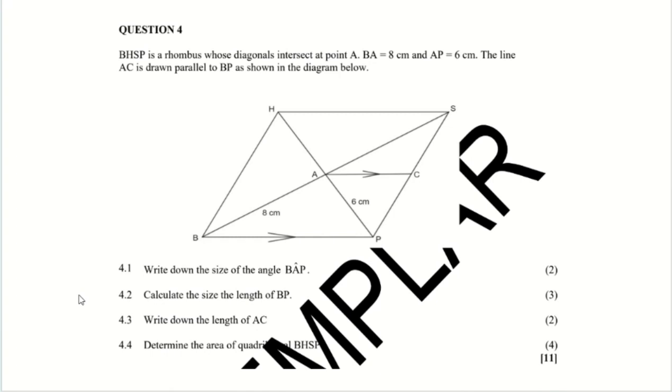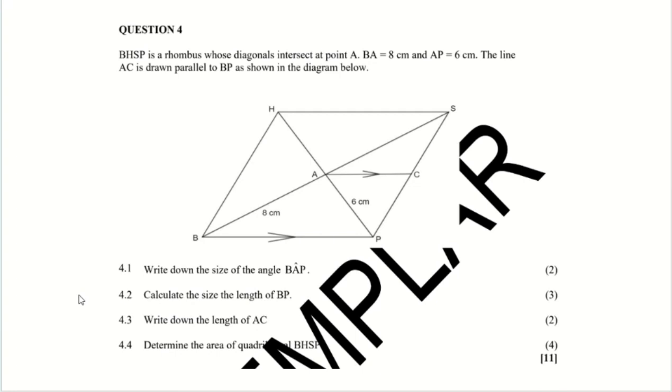But then when we look at the diagram, we are not given any angle. We're just given the size of side AB and the size of side AP. We are not given any angle. But I have already mentioned that you are going to also need to know the properties of the given quadrilateral.